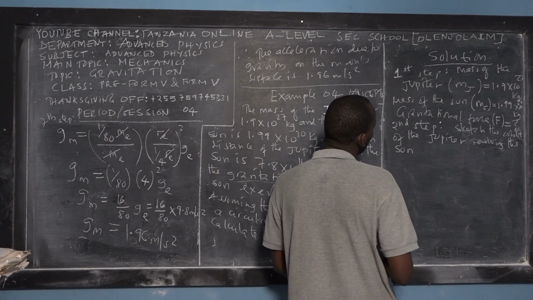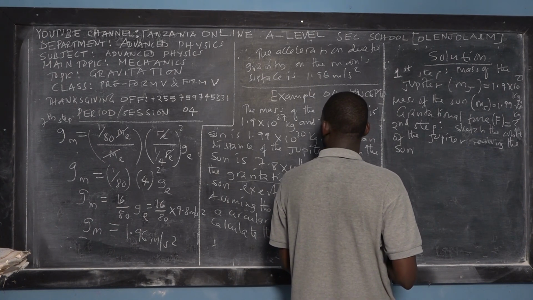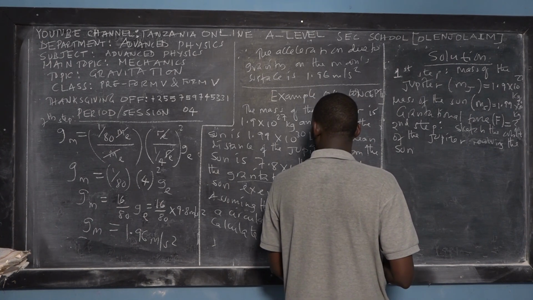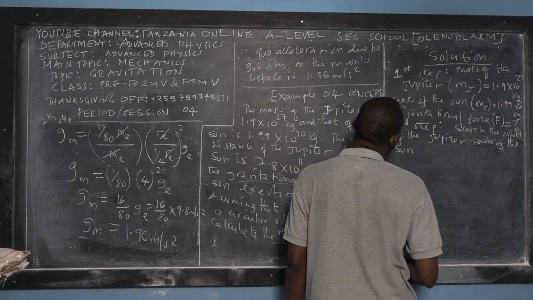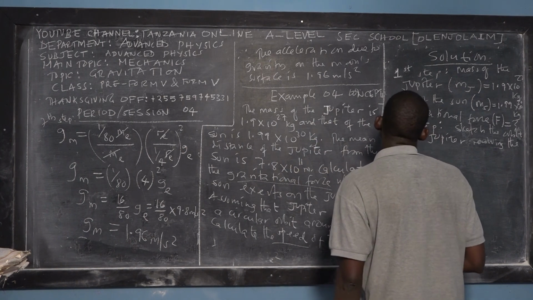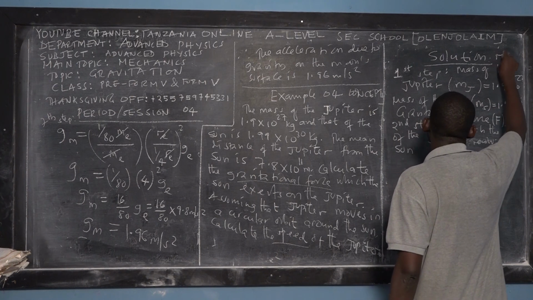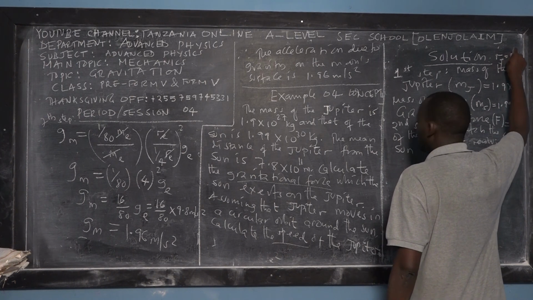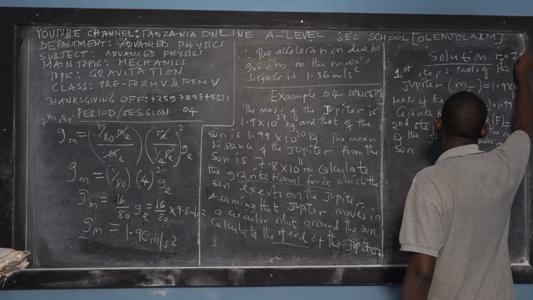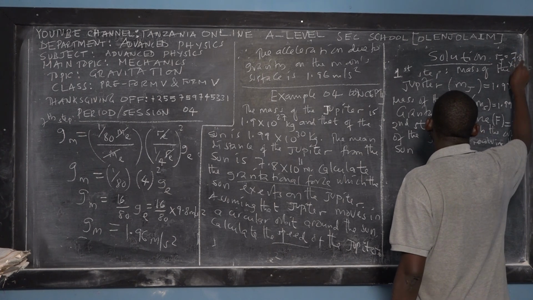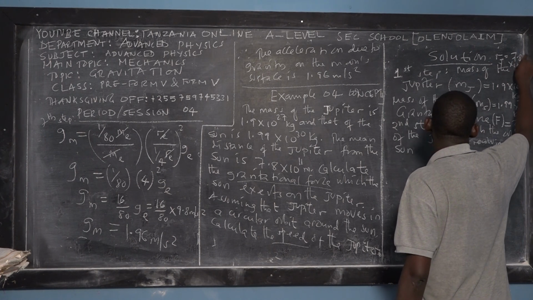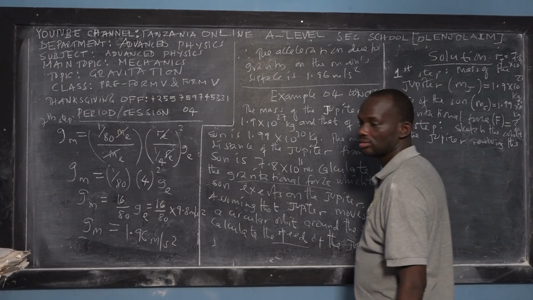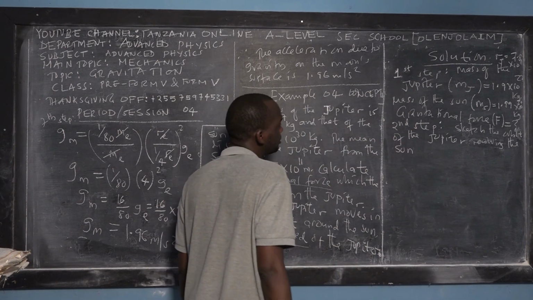It means that we have this distance also. Yes, I forgot. In the data, we also have the distance of Jupiter, which is equal to 7.8 × 10^11. Okay?